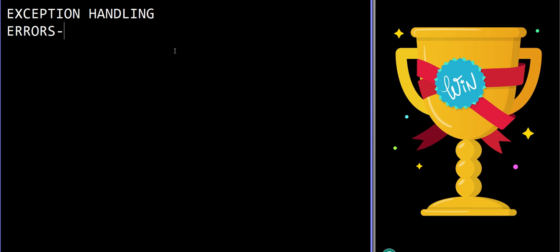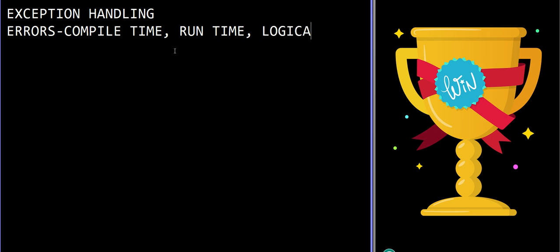We have three main types of errors: compile time errors, runtime errors, and logical errors. When it comes to compile time, the compiler itself will give us an idea of how to solve the error.